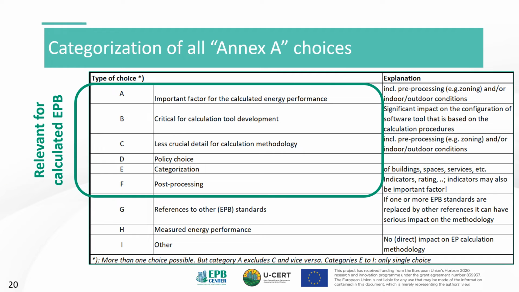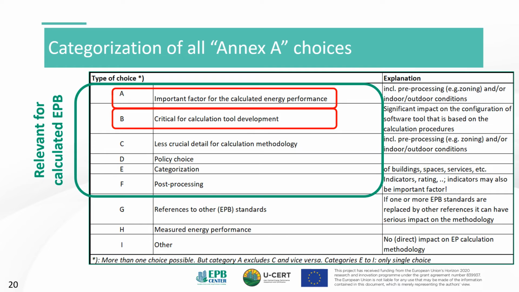So for the calculated energy performance of buildings, we concentrate on these first 6 categories, because the other ones are not relevant for the calculation. References to other EPB standards are relevant, of course, but we assume that all of the relevant EPB standards have been adopted, so that we have a fixed choice on that.